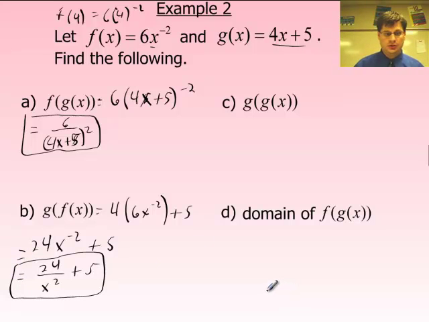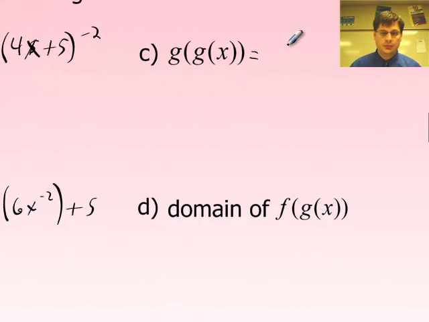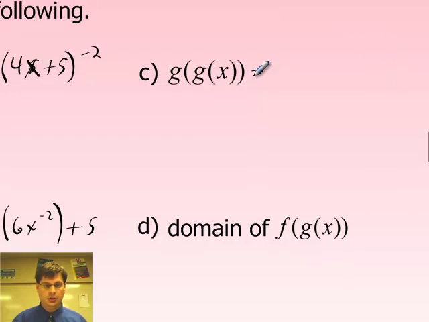Next, we're going to look at g of g of x. So we're going to take g and substitute g into itself. You can do that. So g of x equals 4, and then in place of x, we're going to put 4x plus 5, plus 5.